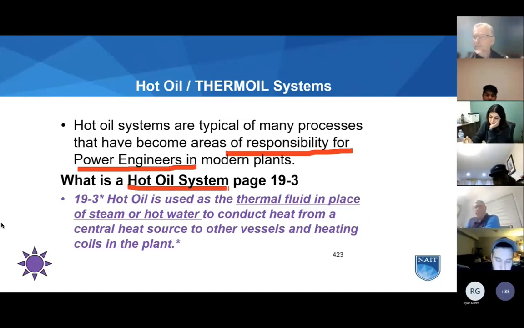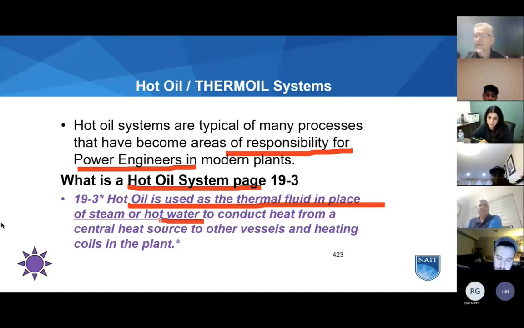What is a hot oil system? Hot oil is used as a thermal fluid in place of steam or hot water.